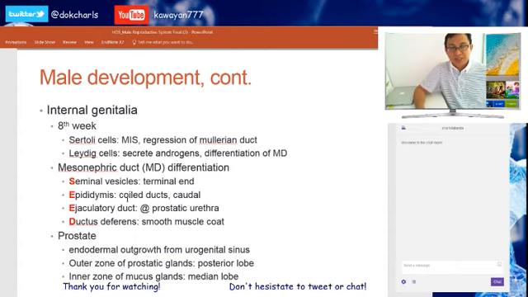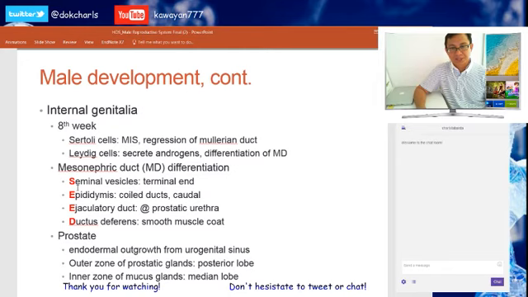The mesonephric duct differentiation will lead to the development of the seminal vesicles, which is the terminal end, the epididymis, which is composed of coiled ducts and caudal portions, the ejaculatory duct at the prostatic urethra, and the ductus deferens, which will have a smooth muscle coat.